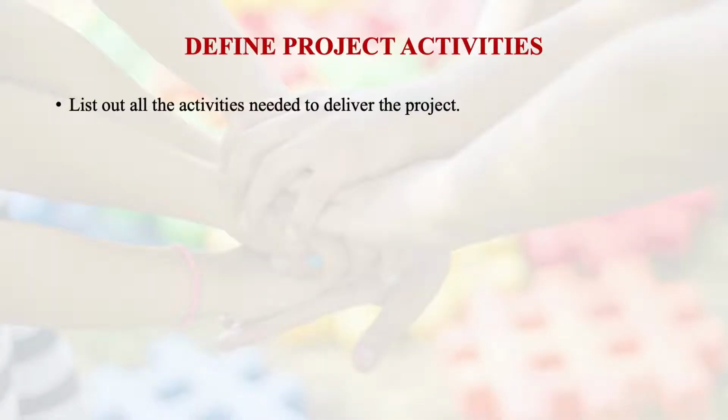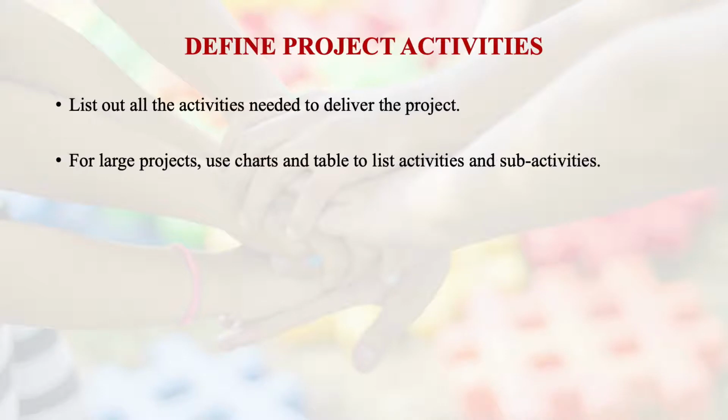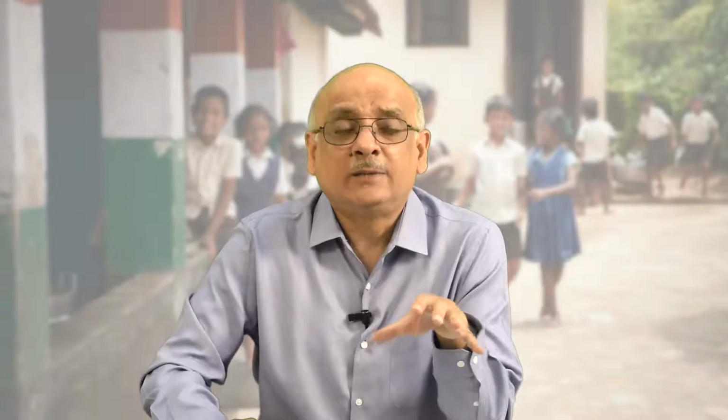Then the next stage, we define project activities. When we define project activities, we list out all the activities needed to deliver that project, right? For larger projects, you can use charts and tables to list activities and probably sub-activities, because one of the key considerations when you are scheduling is that micro-level scheduling is more important than macro-level scheduling.